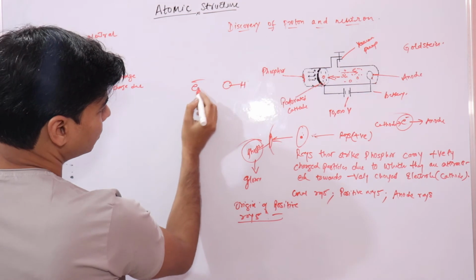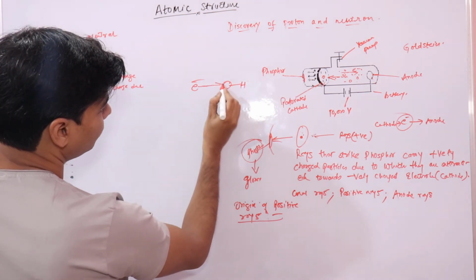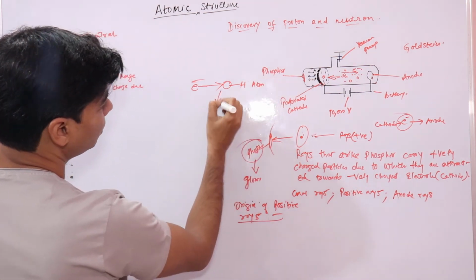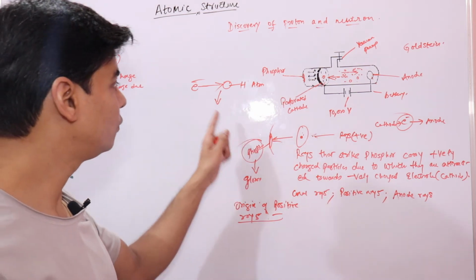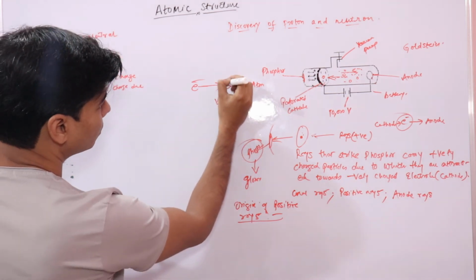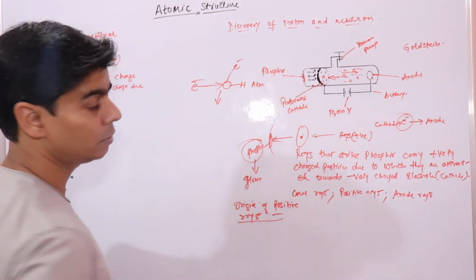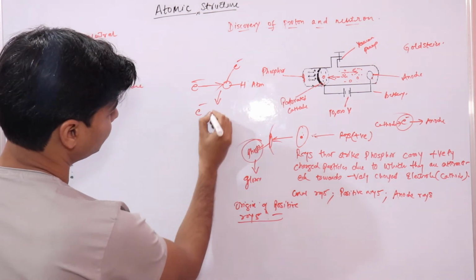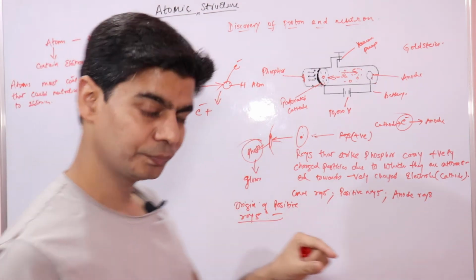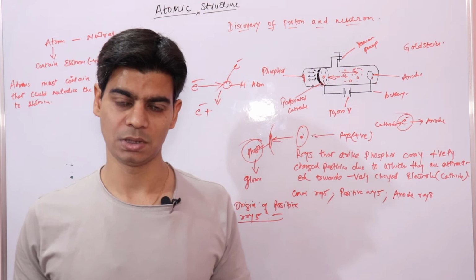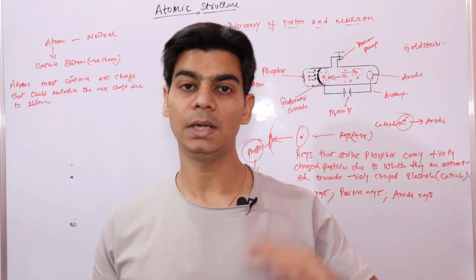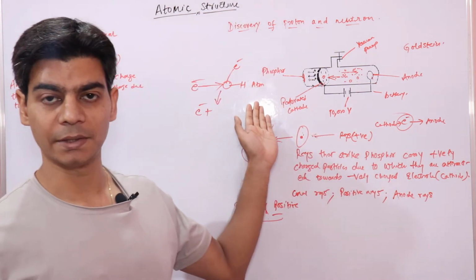When this high speed electron hits this hydrogen atom, it will remove an electron from the hydrogen atom. When the electron gets removed, that gaseous atom is now deficient of electrons, since these fast moving electrons have knocked out electrons from this hydrogen atom.